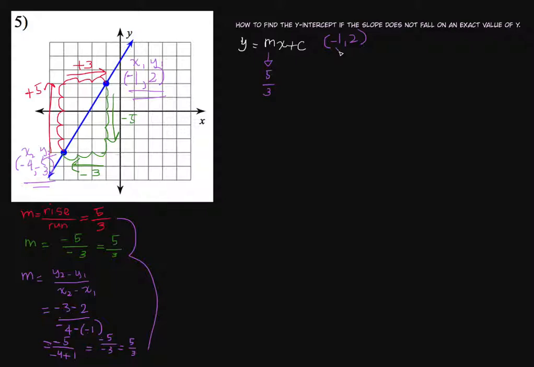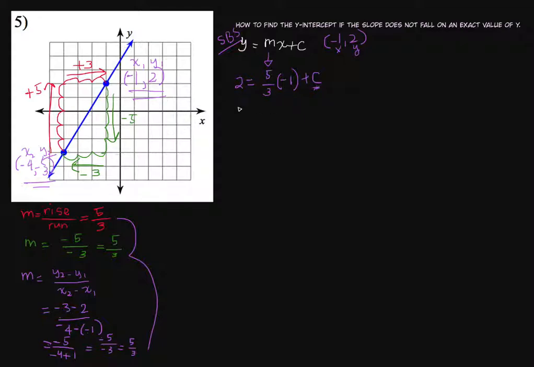I know this is x and I know this is y. So I just substitute. This is what you call solving by substitution, okay? So I know y is 2, so that will be 2 is equal to slope 5 over 3, x is -1, plus c. So now you end up with only one variable, c.